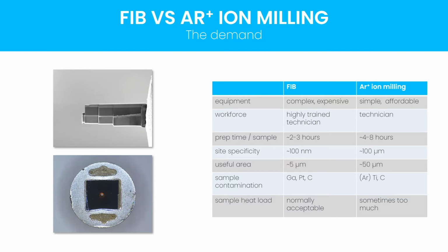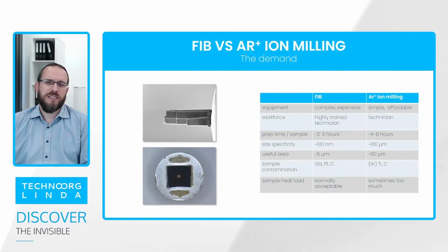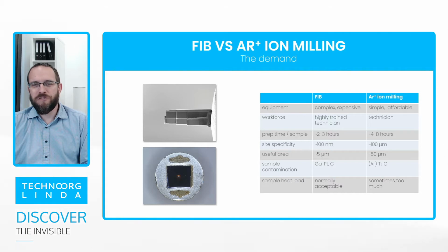While in the argon milling case, argon will not likely stick to the sample as it is a noble gas, so very, very little amounts of argon can be measured on the TEM samples prepared by argon ion mills. And titanium and carbon are common contaminants in the ion milling process, but they can be avoided with proper ion mill settings.